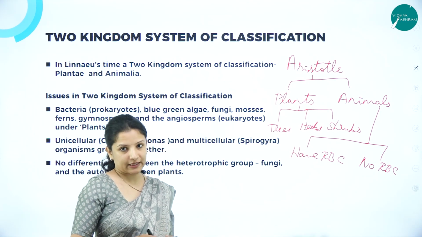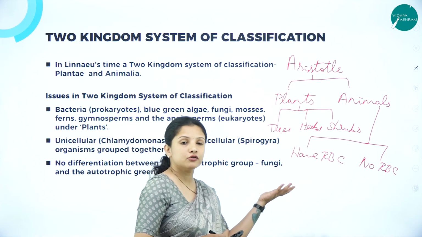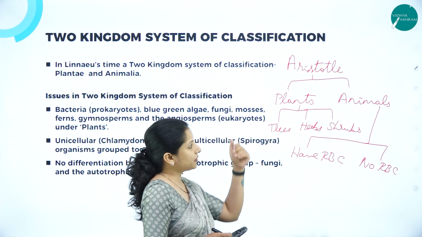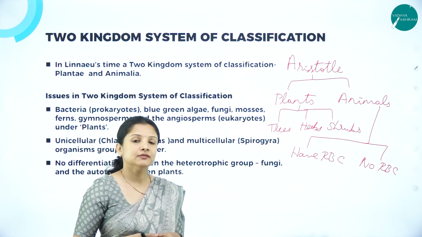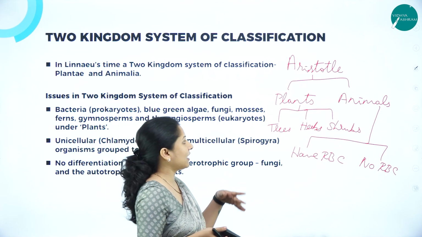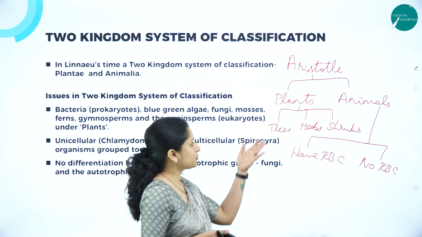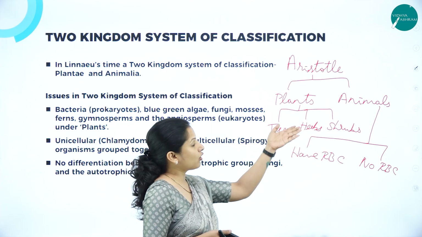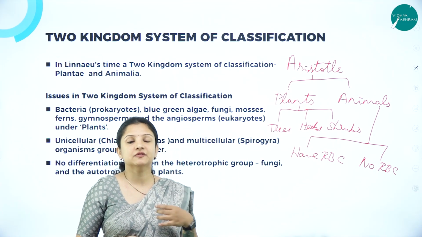So this system of classification had a lot of doubts. Why? Because in plants, there are again some divisions which we need to put, like we have grasses. So where to place them, like trees, or we have bryophytes, we have some algae.